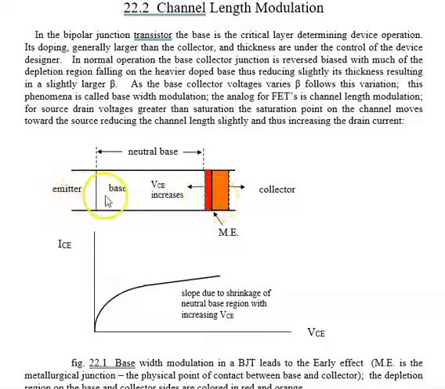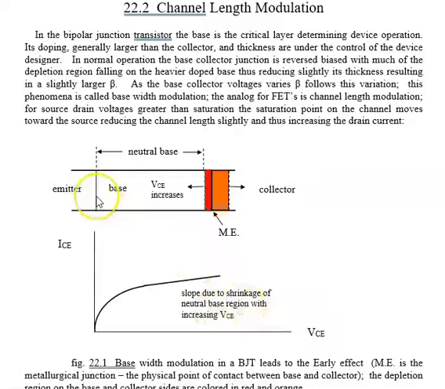So we push them here and we pull them out here, and as we increase the reverse bias, which is to say, as we increase the output voltage, the depletion region increases both on the base and the collector side, more on the collector side, but some on the base side, and the neutral base shrinks. As the neutral base shrinks, the current increases, and therefore we have a slope, and that slope in the output current is due to the shrinkage of the neutral base region.